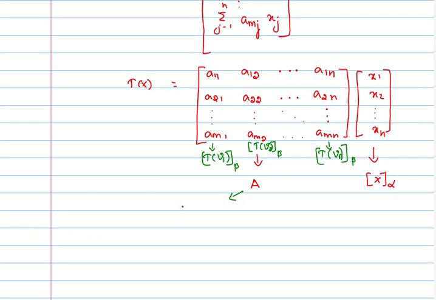So this is the matrix representation of T. Whenever they give T as a linear transformation, you simply find the basis, find the coordinate vectors of the basis elements, then write them column-wise.